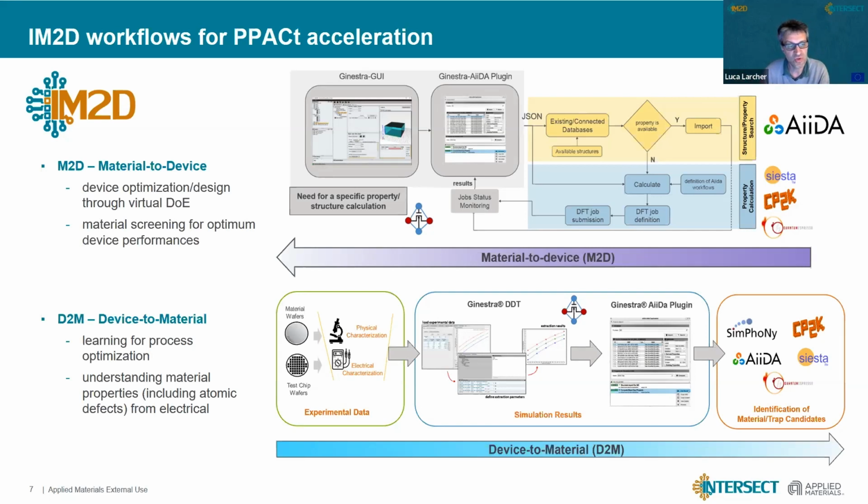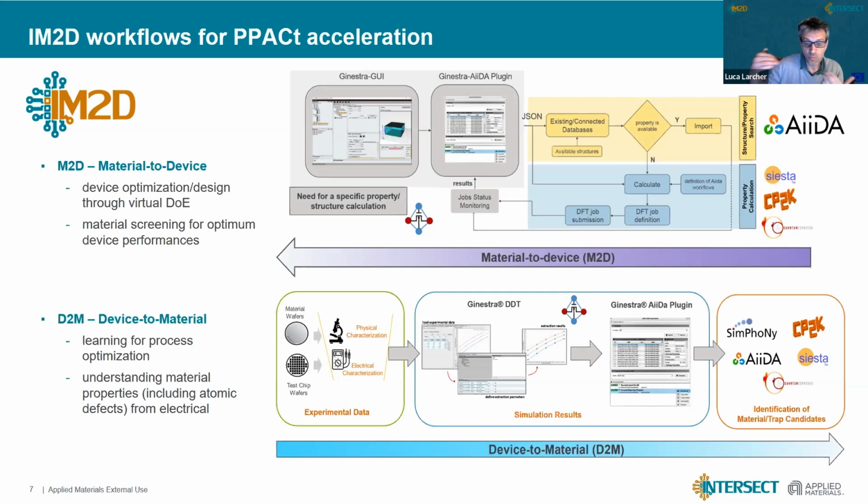So we use this, as is written here, to optimize the device through what we call virtual DOE. We can check an enormous, wide variety of different solutions without going to experiment at the experimental level. This saves money and time, allows us to accelerate, and allows us to be more aware of what's going on. And of course, this kind of workflow is essential to sustain the material screening.